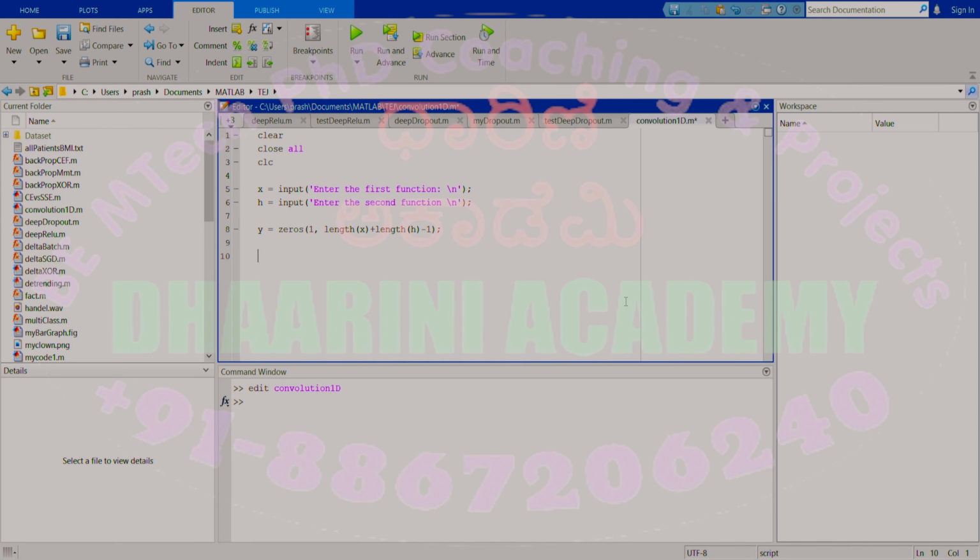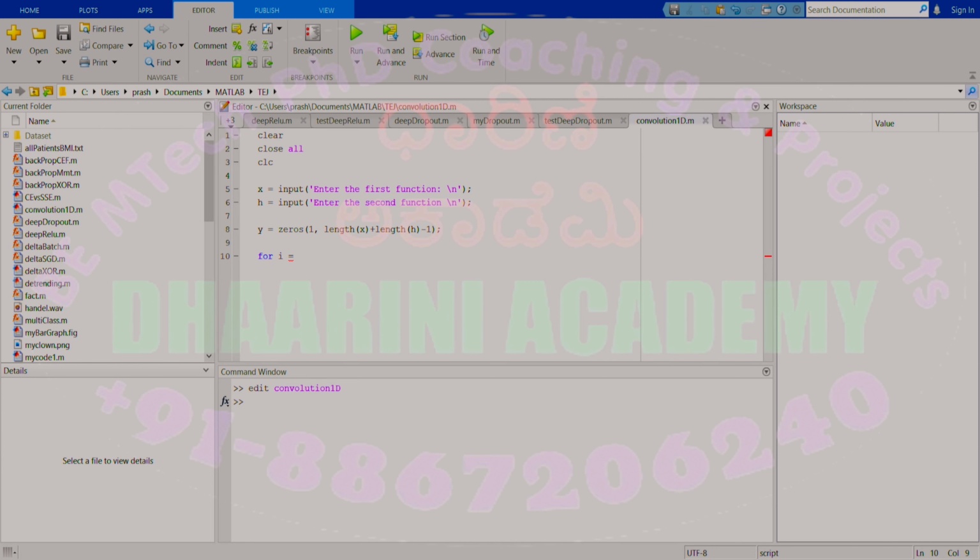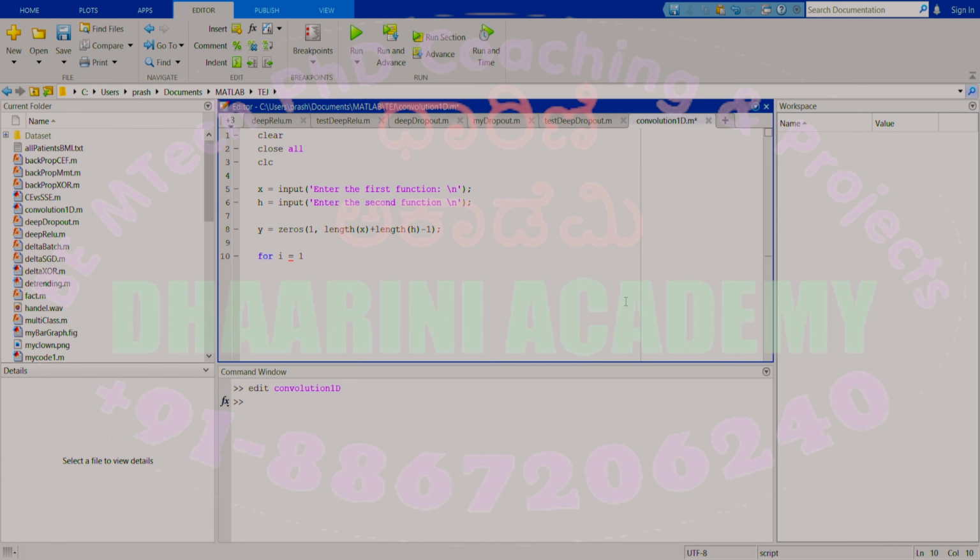Let's go to this one. So one by one point I will take and I will accumulate. So I'll start with a for. So for, let me take I is equal to 1, and I want to go all the way till the length of my first sequence, that is x.